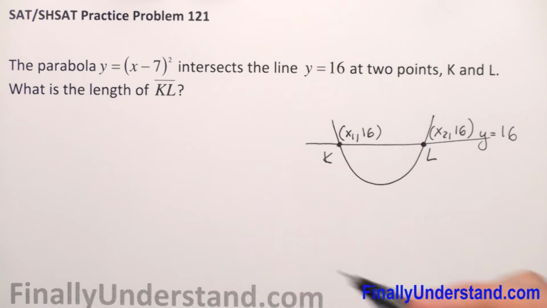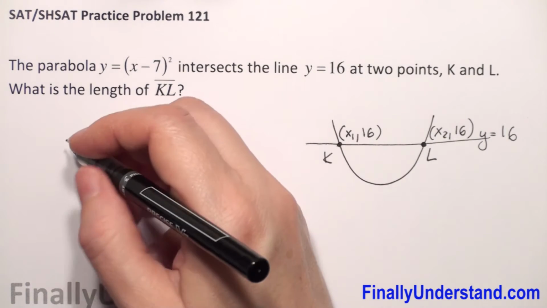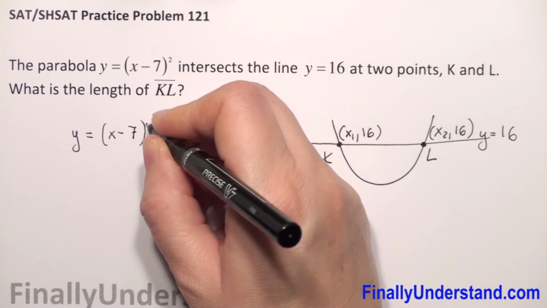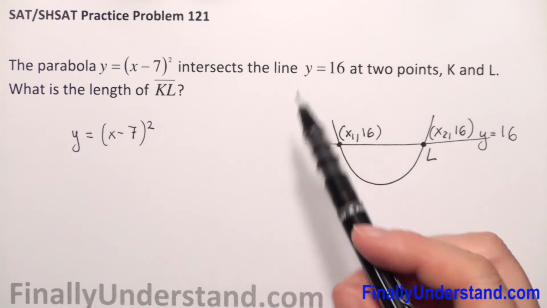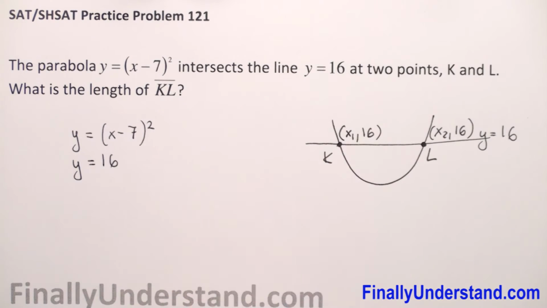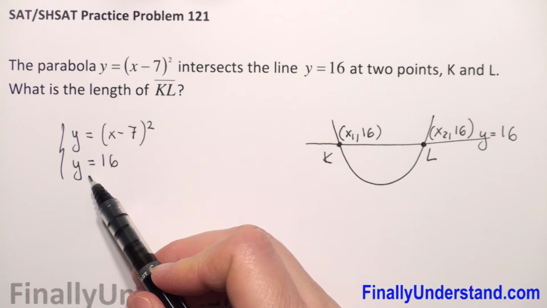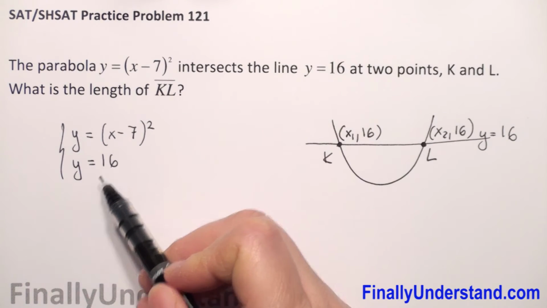So let me copy the equation of our parabola. We have y is equal to (x minus 7) to the second power. And because we are given the second line, y equals 16, we have 2 equations, 2 unknowns. We can substitute y in the first equation by 16.